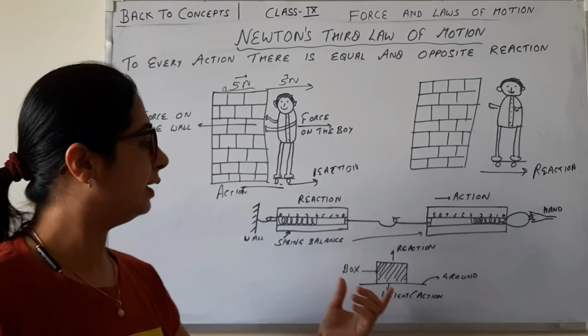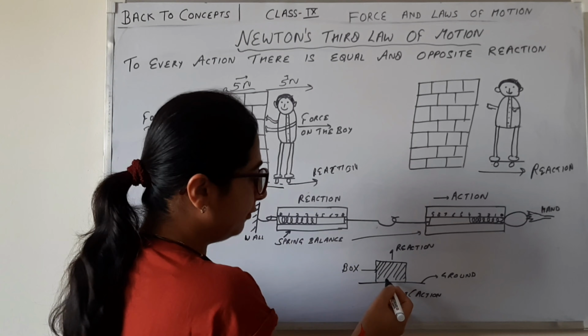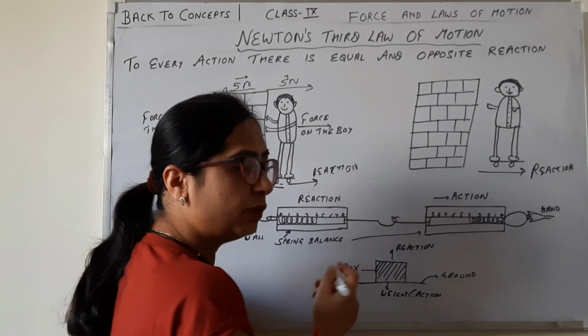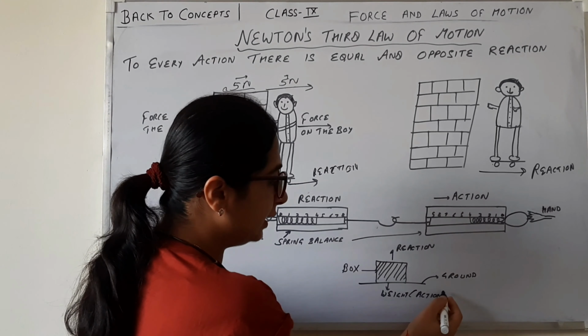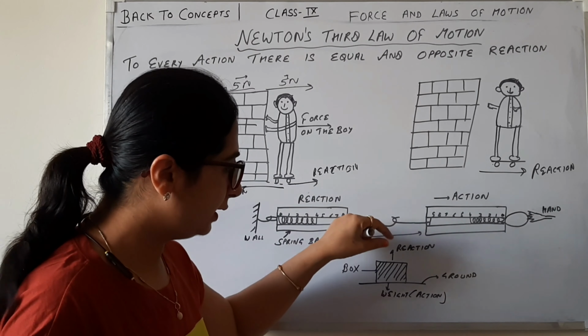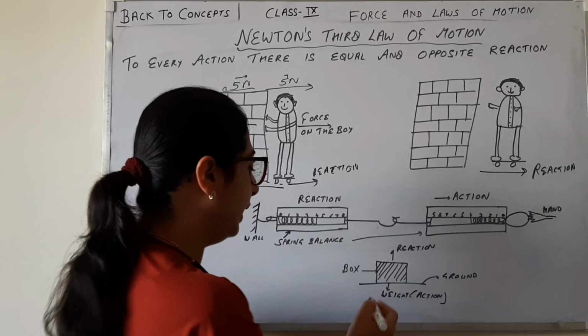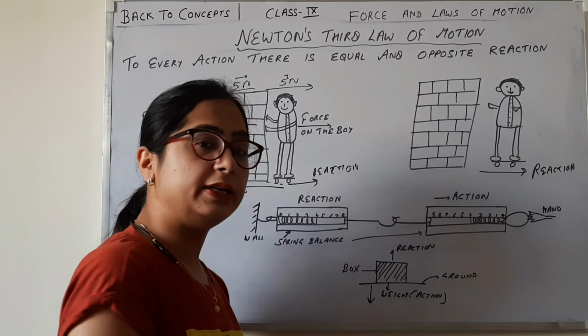Okay, so let's look at another example. This example was used in the previous video. The weight of this box acts in the downward direction. This is known as the action because we put this box on the ground, and it must act in the downward direction.